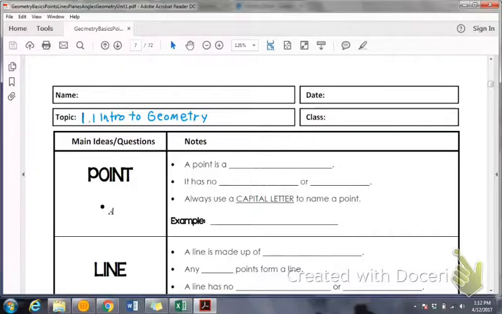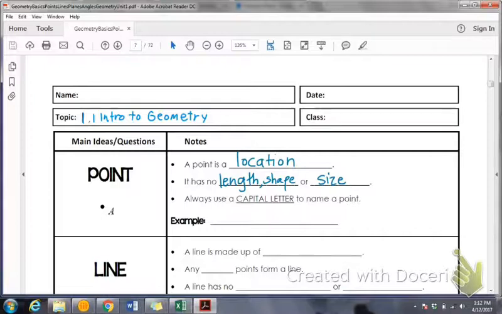Okay, I'm not trying to insult your intelligence. I know you actually probably know those things. But a point is a location. It has no length, shape, or size.